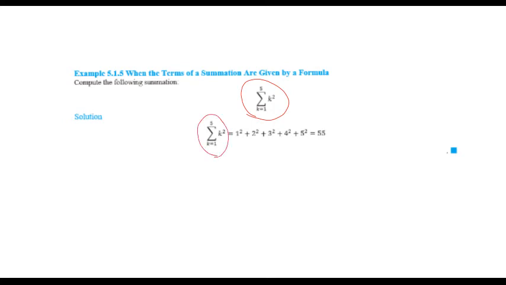So it's going to be 1 squared, plus 2 squared, plus 3 squared, plus 4 squared, plus 5 squared. If you add all these 5 numbers, you will get 55. So this summation is equal to 55.